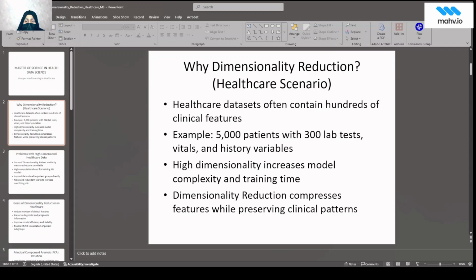What does it mean? It compresses the useless features while preserving the important features that affect our model performance, by giving priority to those features that have meaningful information while compressing the others.